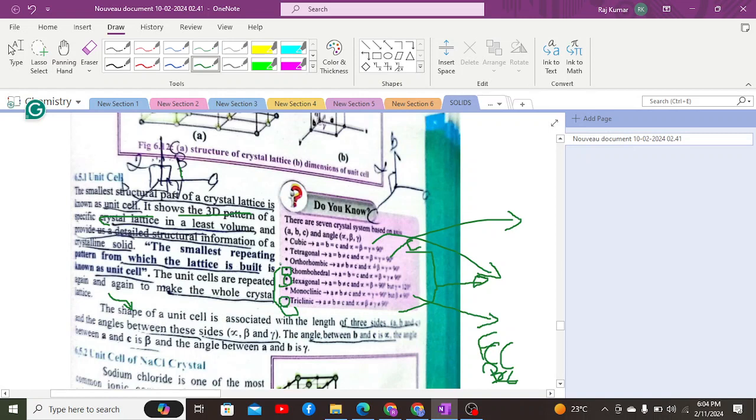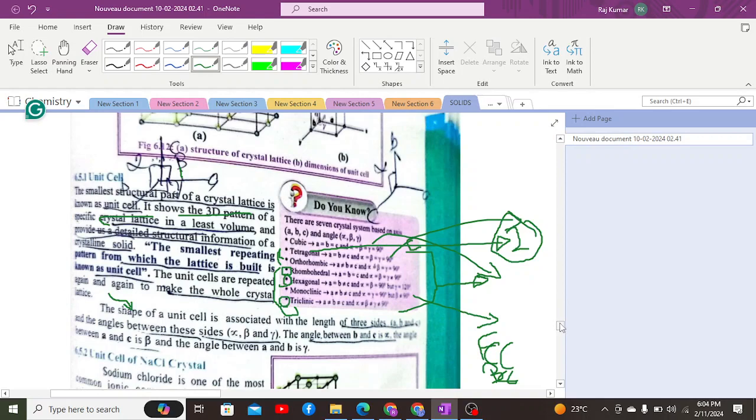When it comes to orthorhombic and tetragonal, orthorhombic has all four shapes, and tetragonal again has two shapes, just like monoclinic. And triclinic has only one shape.